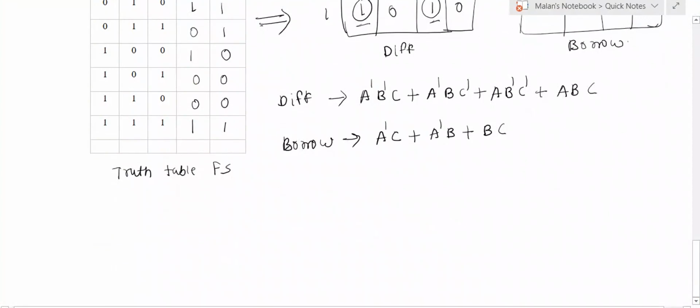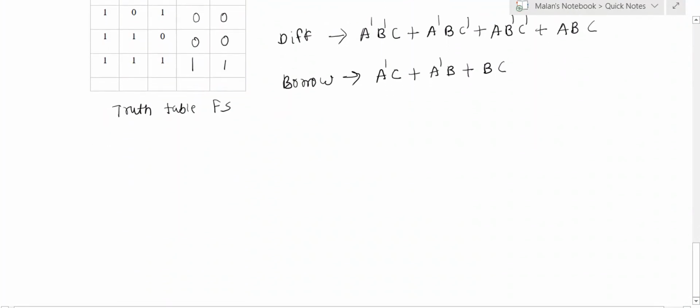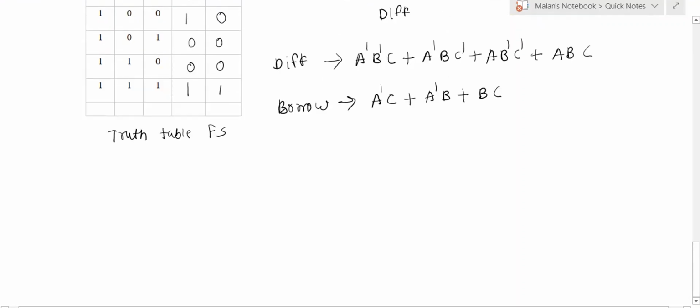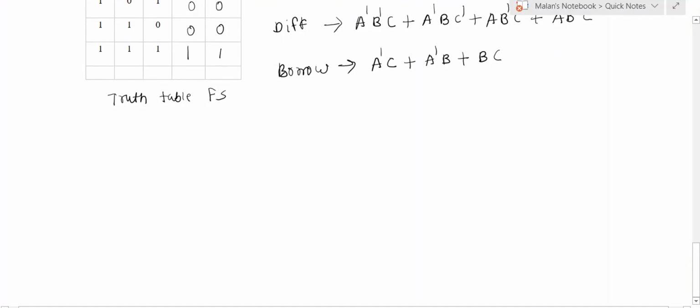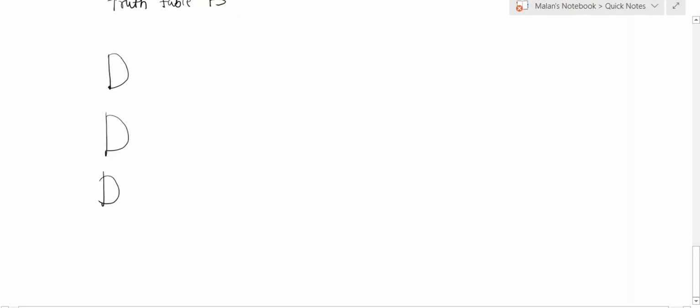Now that we have found the Boolean functions, we can design the logic circuit for the difference and borrow, simply using basic gates. I am going to design the logic circuit for the difference first. There are 4 minterms available, so I will use 4 AND gates.